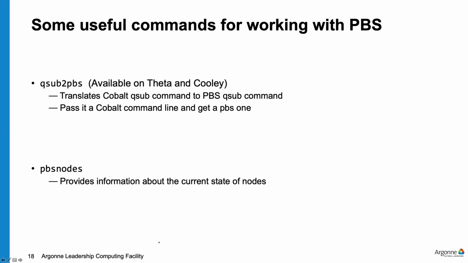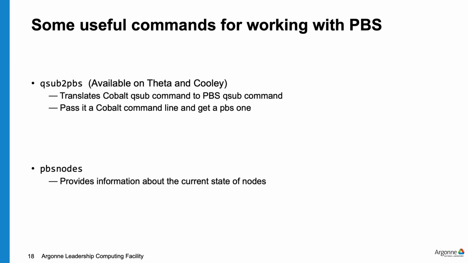So there's a few other useful commands that we've run across. One of those is qsub-to-pbs. Now this is available on Theta and Cooley right now. And this is going to help you to basically migrate your workflow over to Polaris. So what this is going to do is translate your Cobalt qsub command into a PBS qsub command.